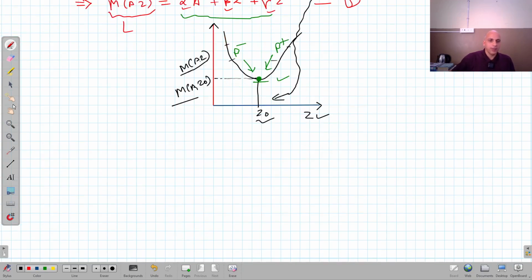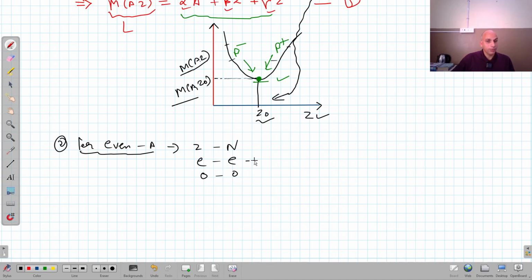Now if I want to go for the second condition, that is for even A, two possibilities are there. Either both Z and N are even, or both are odd, right? Now for even, we know delta is positive, and for odd it is negative.